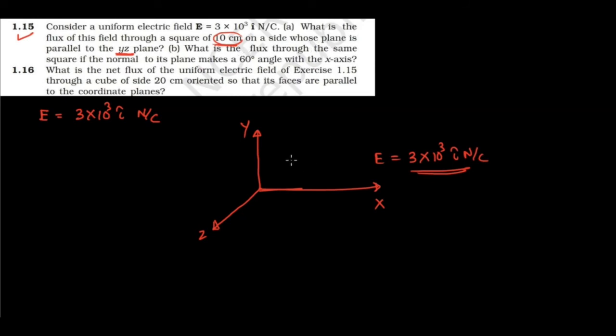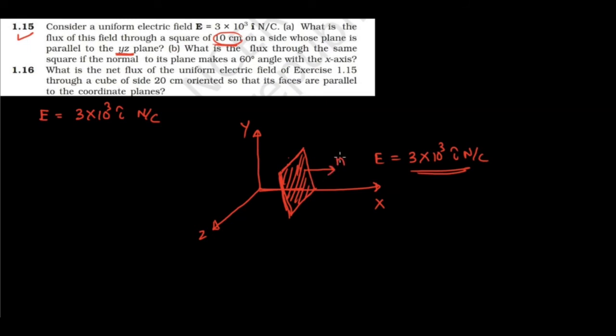So let me consider a square like this whose plane is parallel to the YZ plane. So this is the square, is that clear? And this square is parallel to the YZ plane. So the area vector of this square will be in this direction.